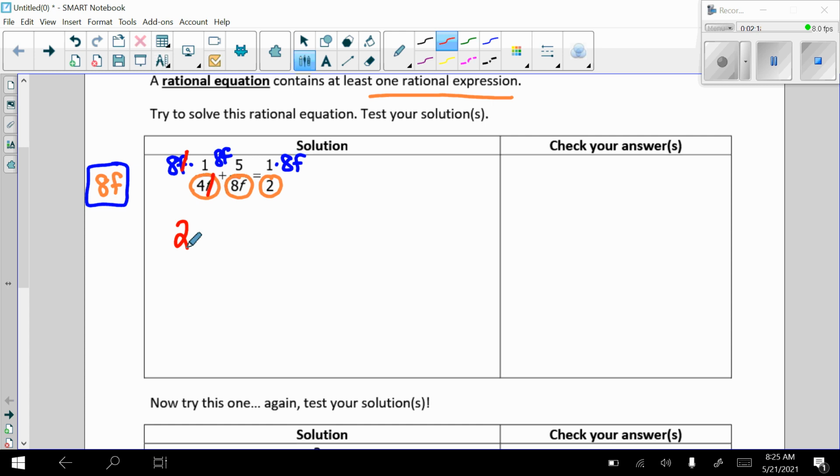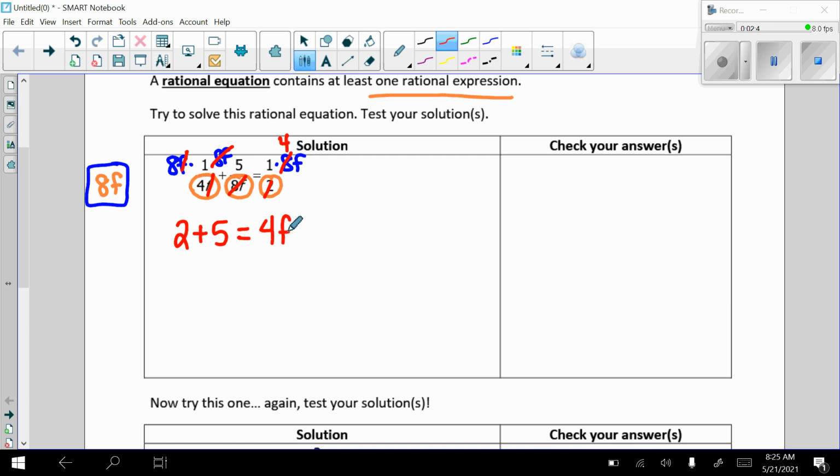That was the goal. In the second fraction, 8f and 8f completely cancel out, so we're left with 5 equals, don't forget your equal sign, 8f over 2. Well, the 8 and the 2 can be reduced, and we wind up with 4f.